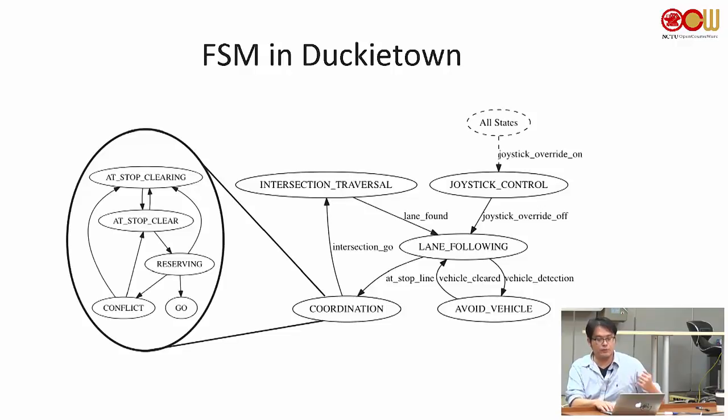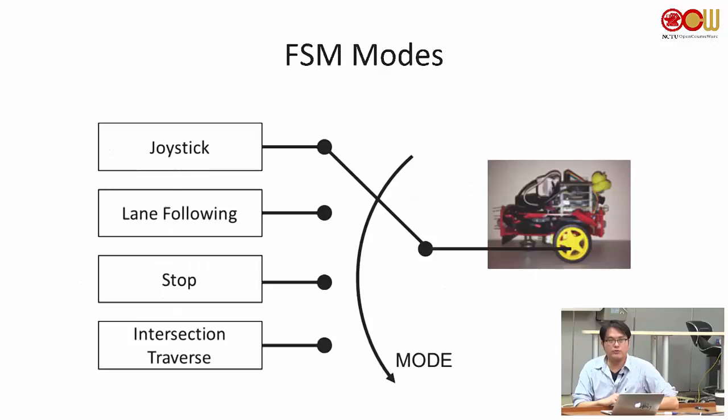The other important thing is that although we open multiple nodes when you run lane following dot launch, only one node gets to control the robot in one state. For example, when you are in the joystick control state, the switch will go to car command.